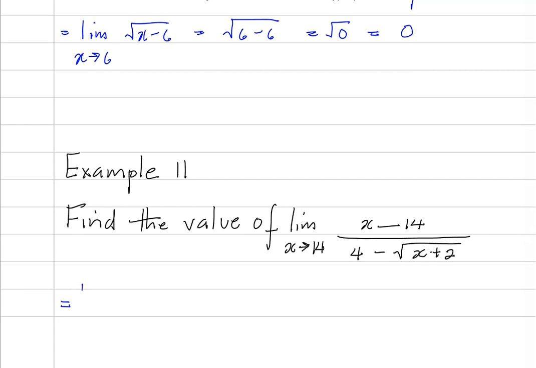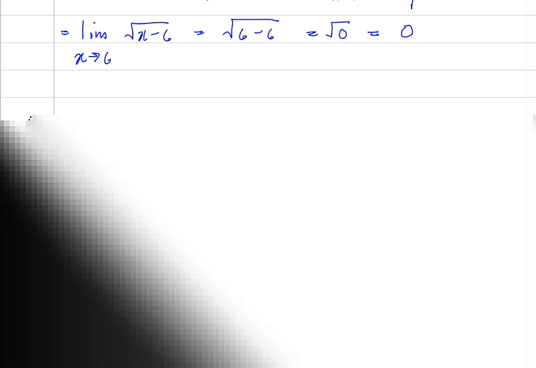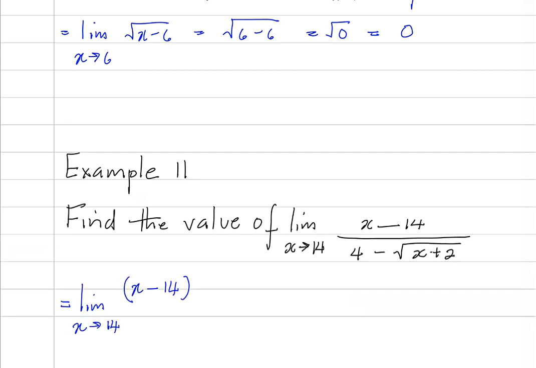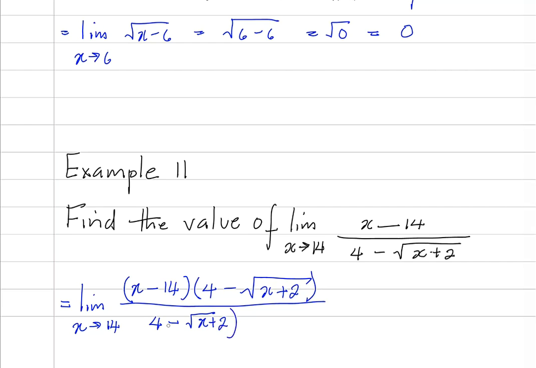Alright, so this is the same as saying the limit as x approaches 14 of x minus 14 multiplied by 4 minus the root of x plus 2, over 4 minus the root of x plus 2, multiplied by 4 plus the root of x plus 2.